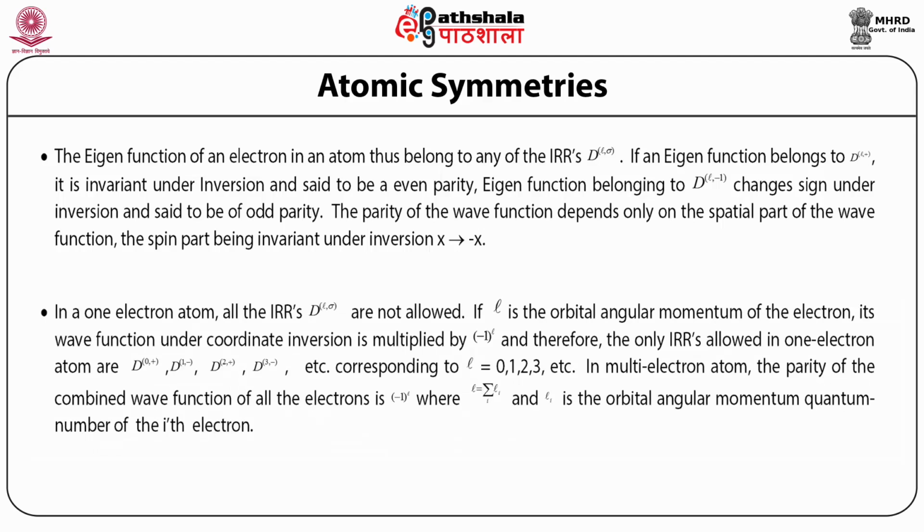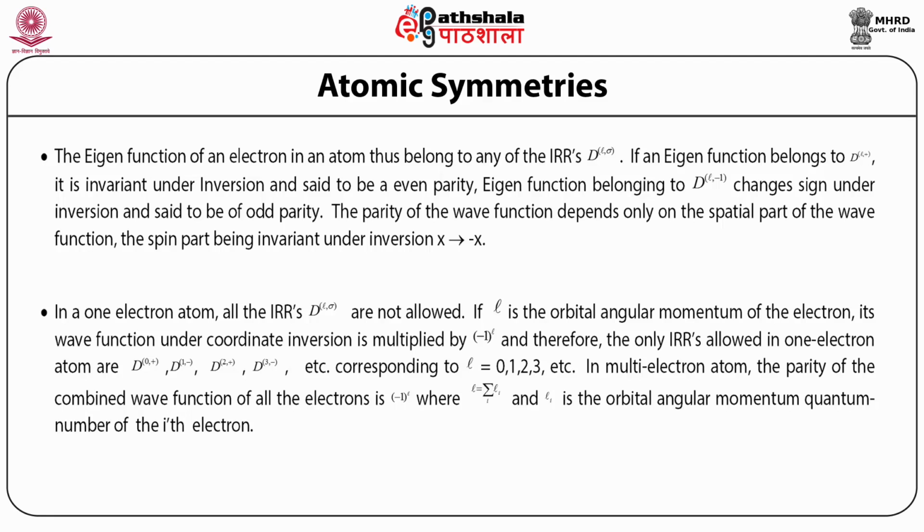Now, in a one electron atom, not all the irreducible representations D_l sigma are allowed. If L is the orbital angular momentum of the electron, its wave function under coordinate inversion is multiplied by minus 1 to the power L. I guess you are already familiar with this.